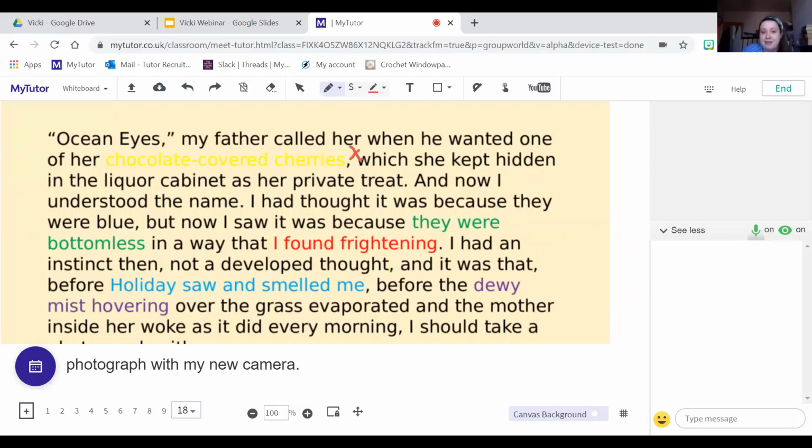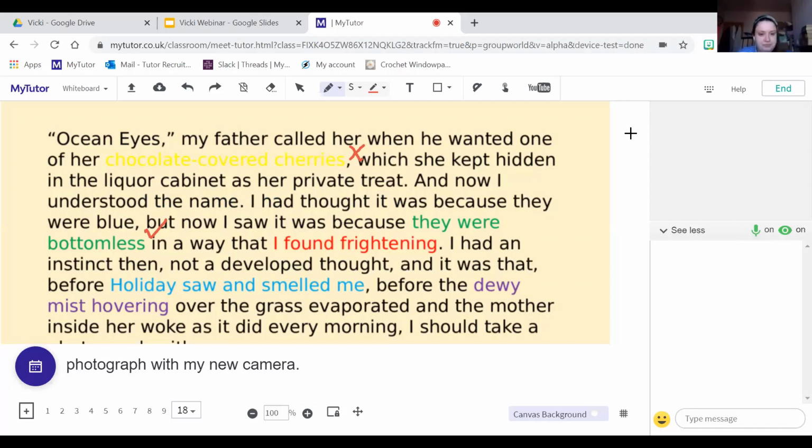That is just referring to something that Susie's mother hides away as a treat. That's not actually describing her. I suppose it's describing the playfulness of a character that she keeps treats hidden, but not what the treats are called. So we can't talk about that. They were bottomless, so that's referring to Susie's mother's eyes, so we can talk about that.